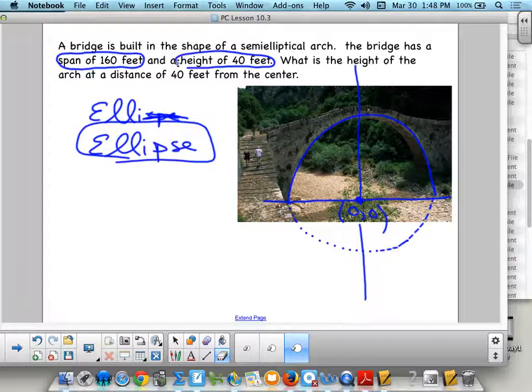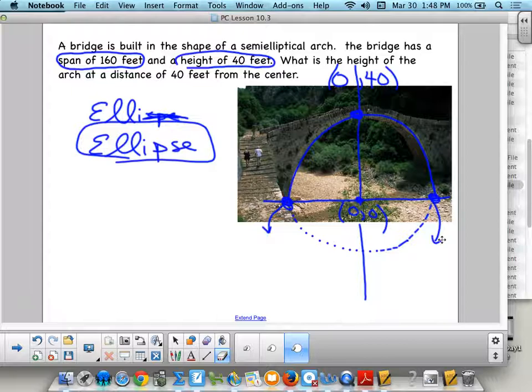What can you tell me about this point right here? 0, 40. That point is 0, 40. What about this point right there? Or here, I don't care. 160, 0?